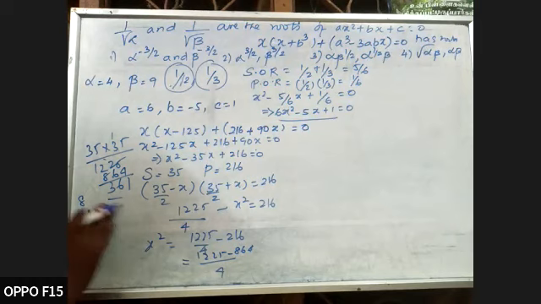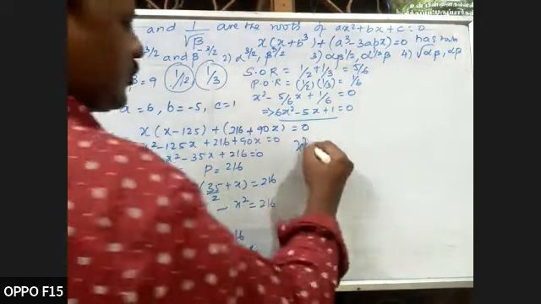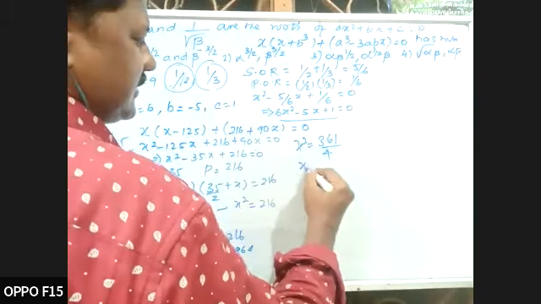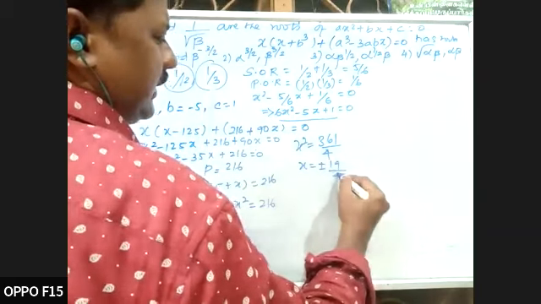So x square equals to 361 by 4. We can write this as x equals to plus or minus 19 by 2.